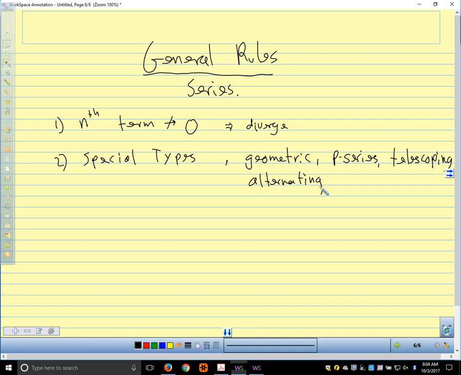The geometric and the p-series are especially nice when you recognize that you have that, because the rules for those are very easy. Then I would start going into your other tests.